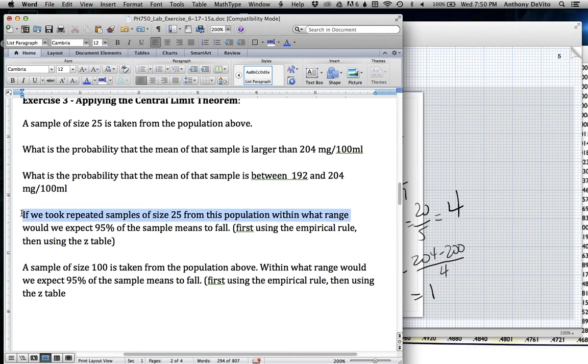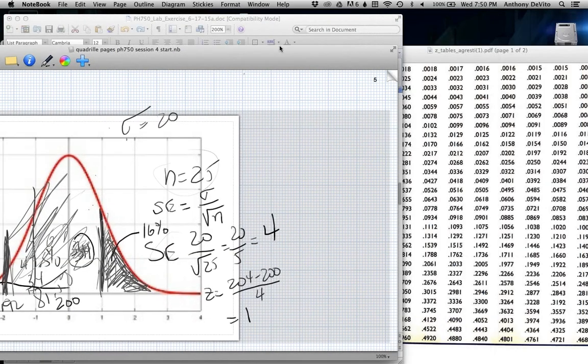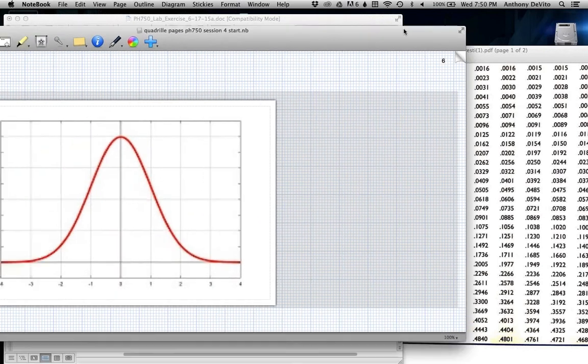If we took repeated samples of size 25 from the population, within what range would we expect 95% of the samples to fall? Very interesting question here. Since that one's important, I'm going to take up another piece of paper here.